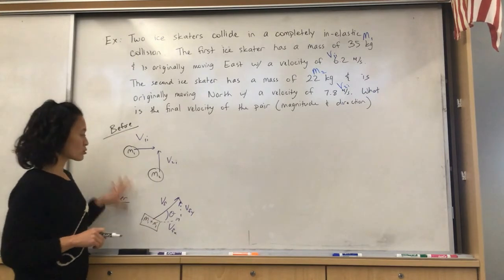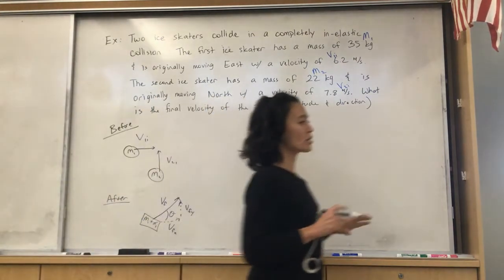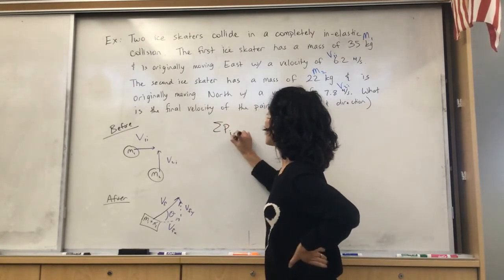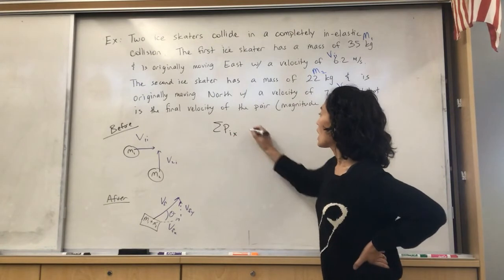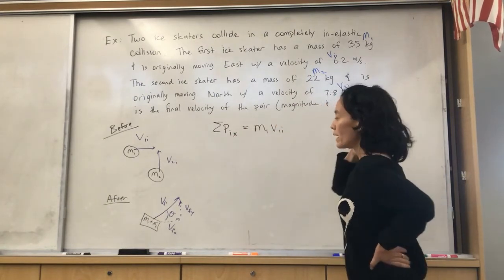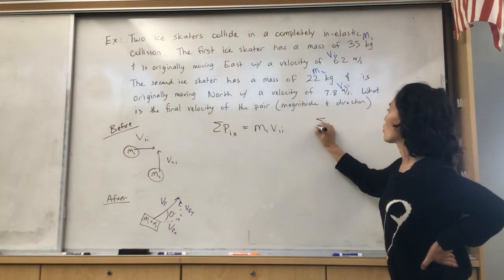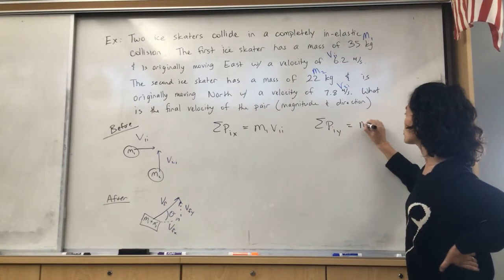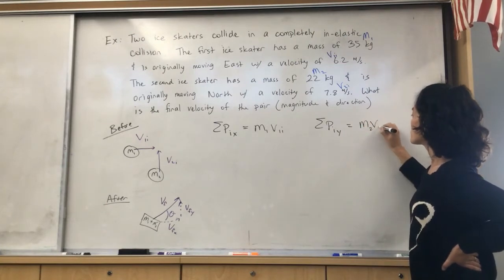So out of my drawings, I'm going to get some equations now for momentum. So initially, in my x direction, I just have mass 1 and v1 initial. And for my y direction, initially, I just have mass 2 times v2 initial.